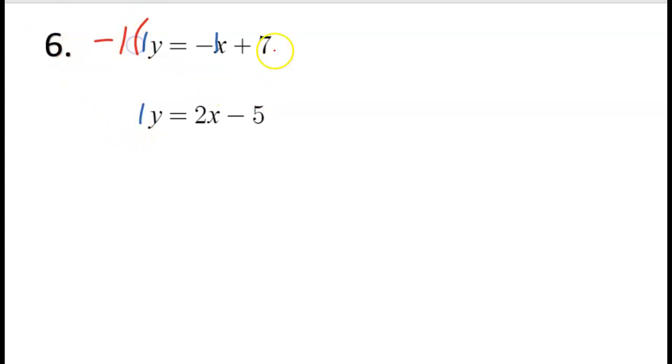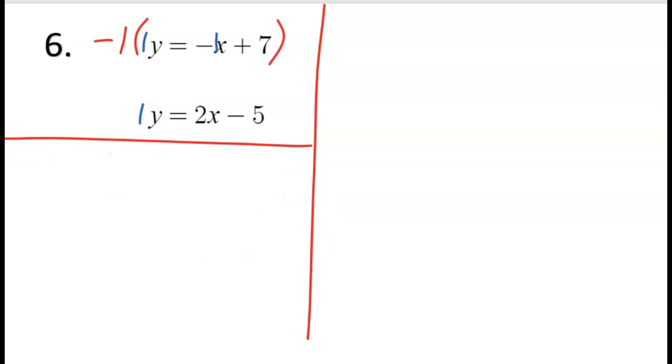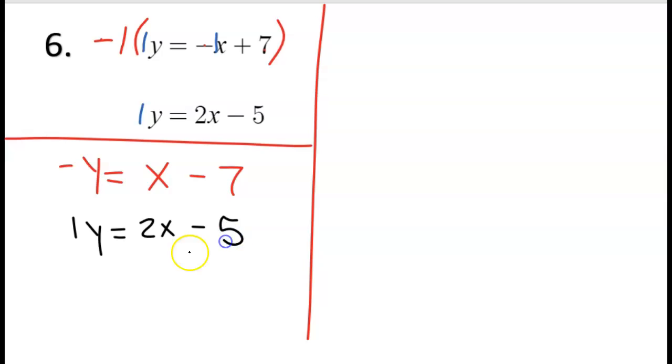So I am going to multiply that first one by negative 1. That would give me a negative y. Negative times negative would make a positive. y equals 2x minus 5.